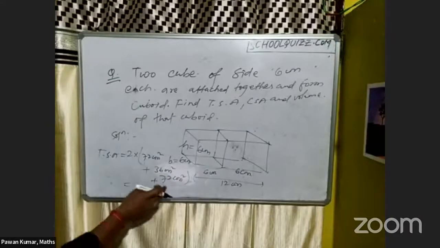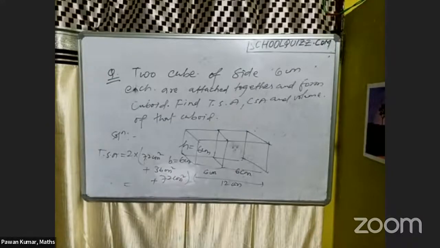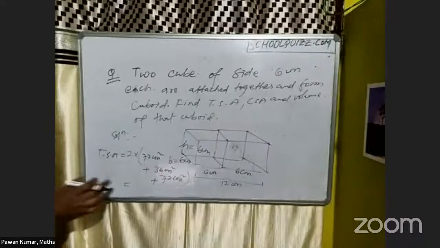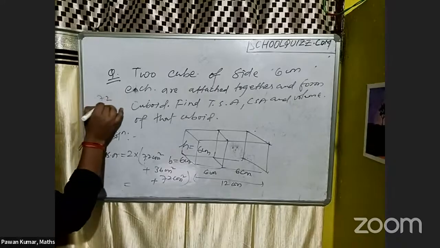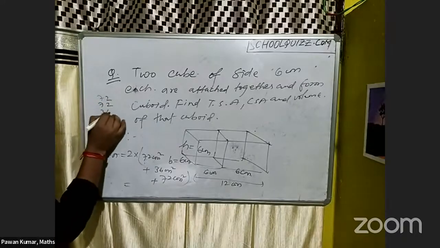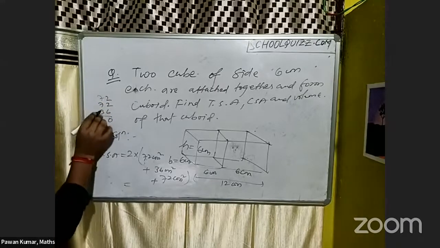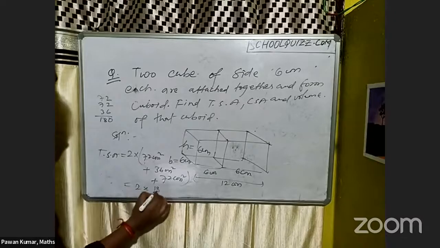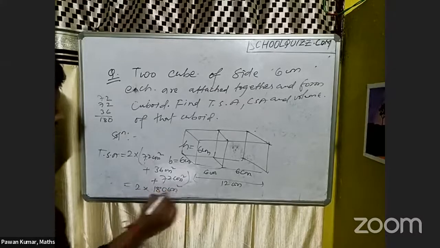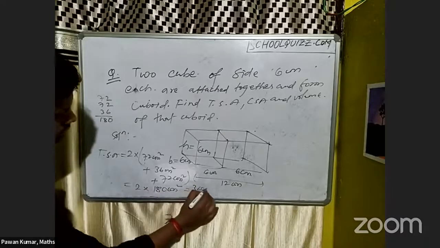So 72 plus 72 is 144, plus 36. How much? 180. So 72 and 36 gives 180. So 180 into 2 is nothing but 360 centimeter square.